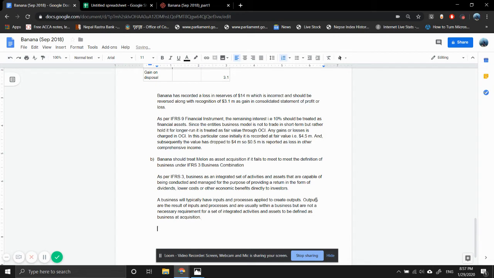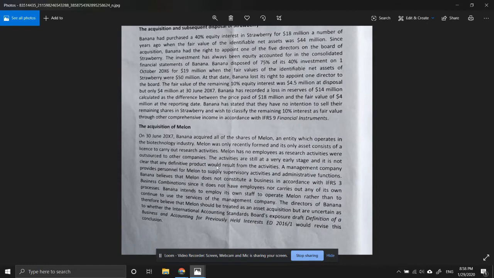So even if it's not providing any output, it doesn't really matter. So Melon has both. So in this case, let's look at it.